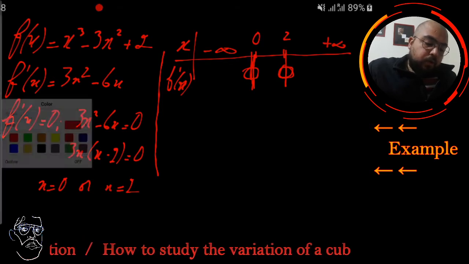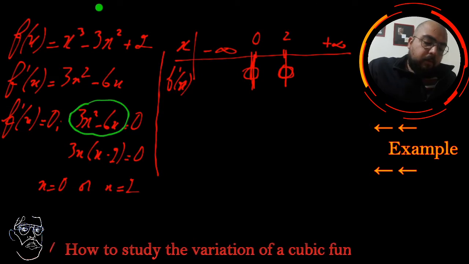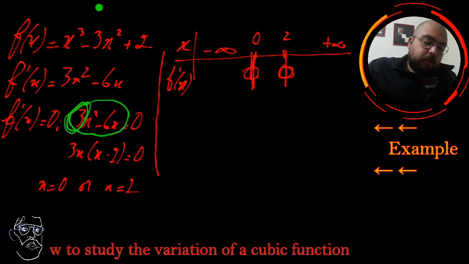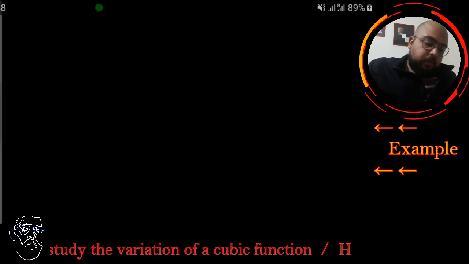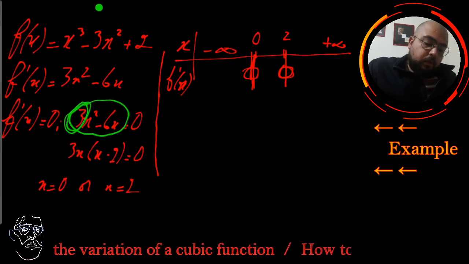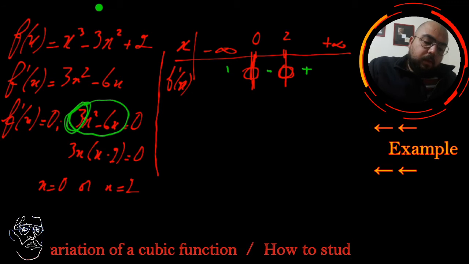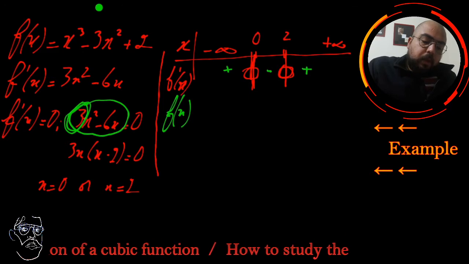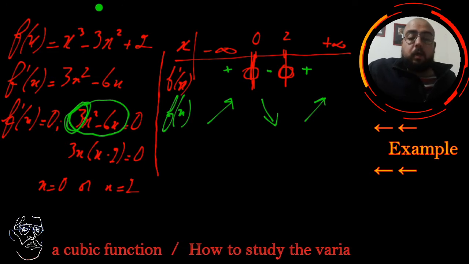So I'm going to show you once again. This is the derivative. The coefficient is 3, it's positive. That's why I will have to choose the opposite sign. The opposite sign will be plus, minus, plus. So the function will be increasing, decreasing, and then increasing again.